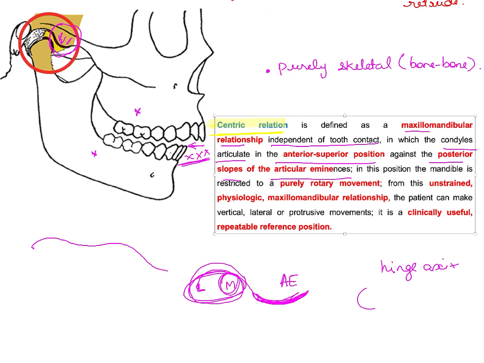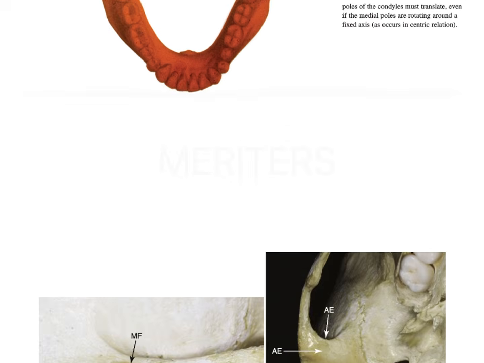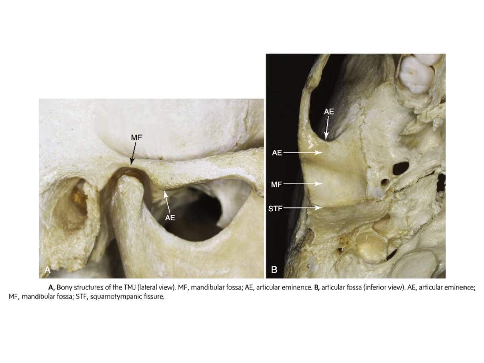So the medial pole on one side connects to the medial pole on the other side with the help of this axis. This pole has to be positioned in the anterior superior, the superior most and the anterior most portion in the articular eminence. On the posterior slope, this is the posterior slope of articular eminence, this is the anterior slope. Let me show you the articular eminence in another diagram. See, this is the articular eminence. This is the medial pole where the condyle will have the medial pole here.